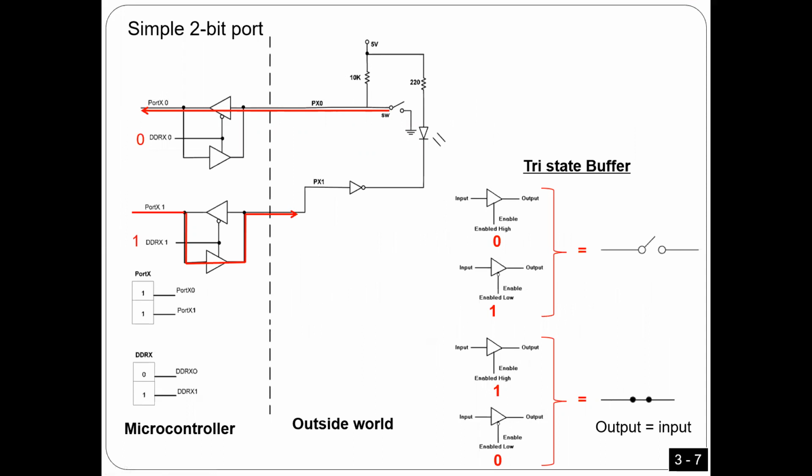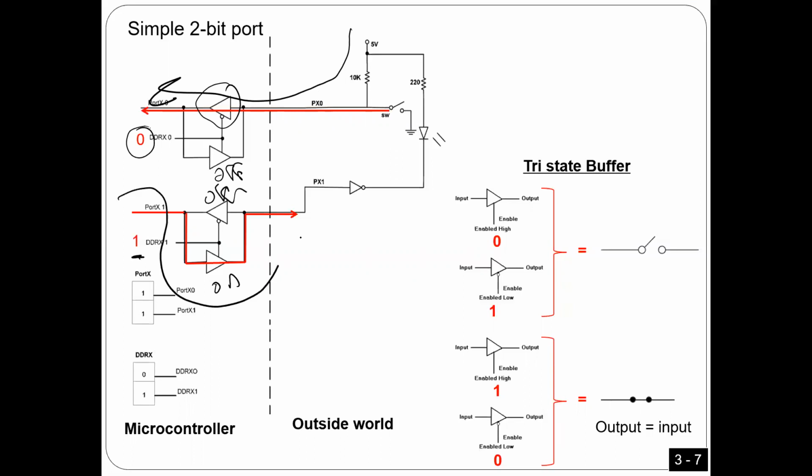As you see here, if I put 0 here to configure it as input, these switches are connected and those switches are off. That means you connect the circuit this way to make it input. Same thing if I put 1: this switch becomes on and this switch is off. This way the circuit becomes like this to make the pin output.